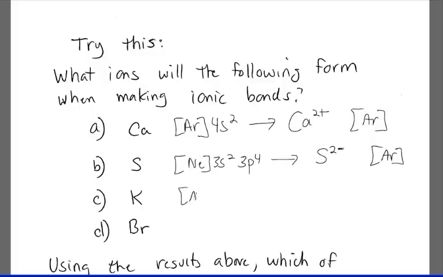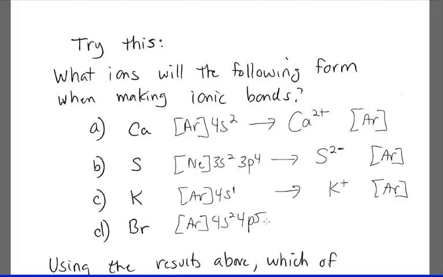Potassium has argon 4s1, 1 valence electron. It's a metal. It's going to lose that electron and become K+ with an argon electron configuration. And finally, bromine has a configuration argon 4s2 4p5. It's 1 away from a noble gas. The noble gas would be krypton, so it's going to form Br-.